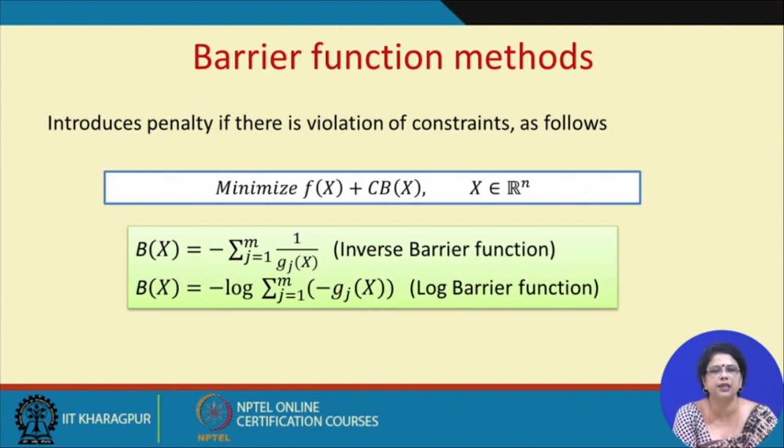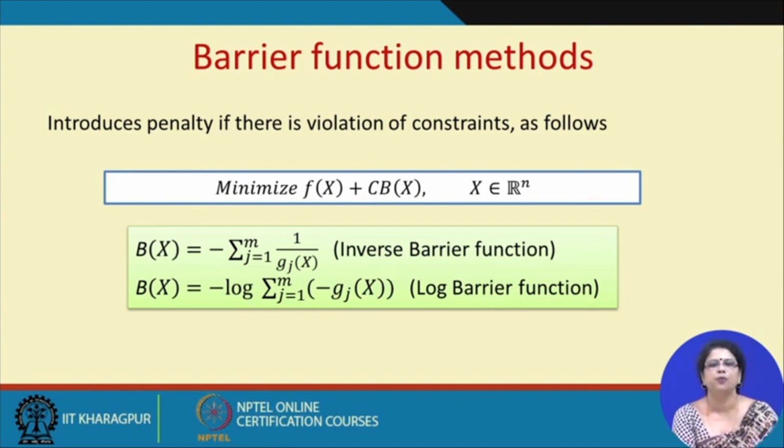Now, your feasible region is x greater than or equal to 5. For x equal to 6, the value of g will be 5 minus 6, which is minus 1, and the other minus sign is there with B(x), so the penalty you need to incur is 1. For x equal to 7, the penalty you need to incur is 1 by 2, and so on.